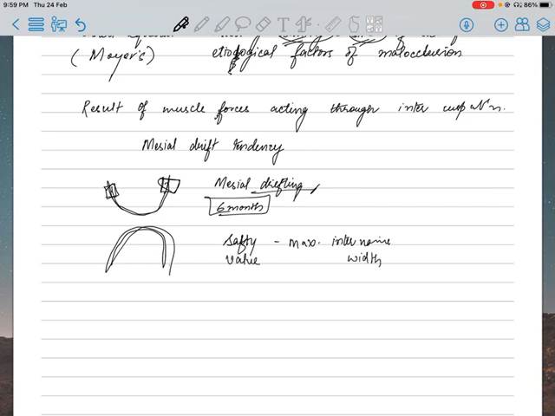For remodeling of the palatal vault, as it is being translated, the bone is removed.